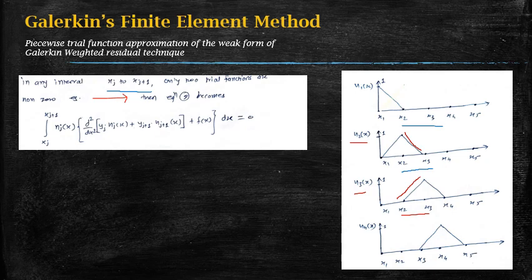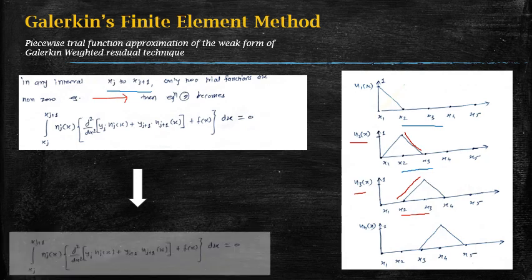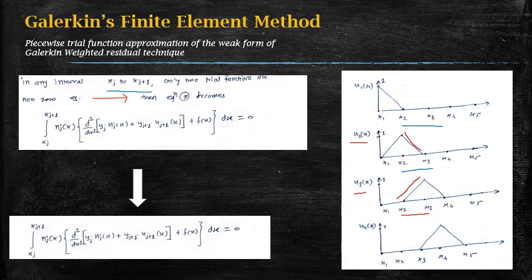So for this interval x2 to x3, only two functions are non-zero, that is n2 of x and n3 of x. That's why, for the interval xj to xj plus 1, this equation becomes the integration from xj to xj plus 1 of nj of x in the bracket d2y by dx square of yj into nj of x plus yj plus 1 into nj plus 1 of x, plus f of x, dx is equal to 0.